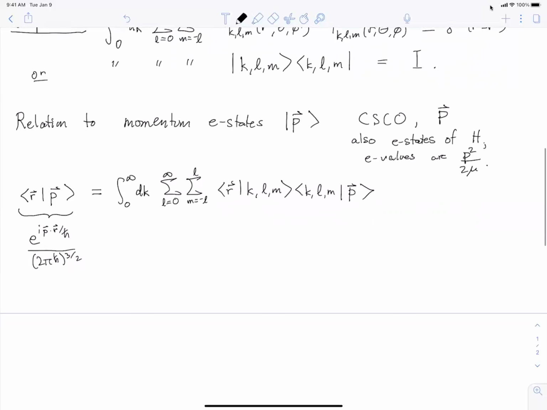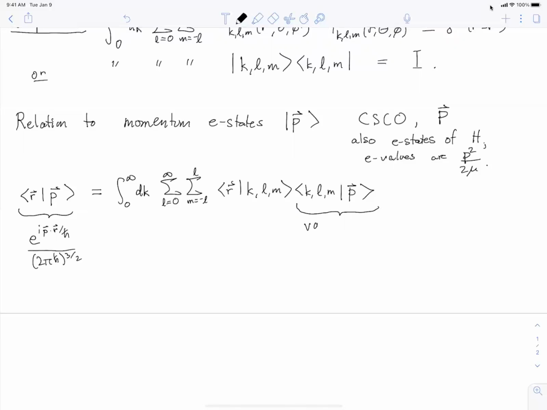And on the right-hand side, let's look at the last inner product here and see what we can say about it. So one thing we know is the KLM and the P basis have one thing in common, and that is they're both eigenstates of the Hamiltonian. And because they're both eigenstates of the Hamiltonian, they have the same eigenvalues.